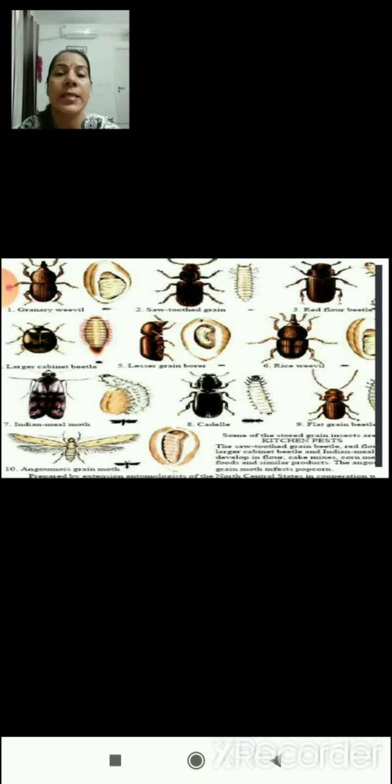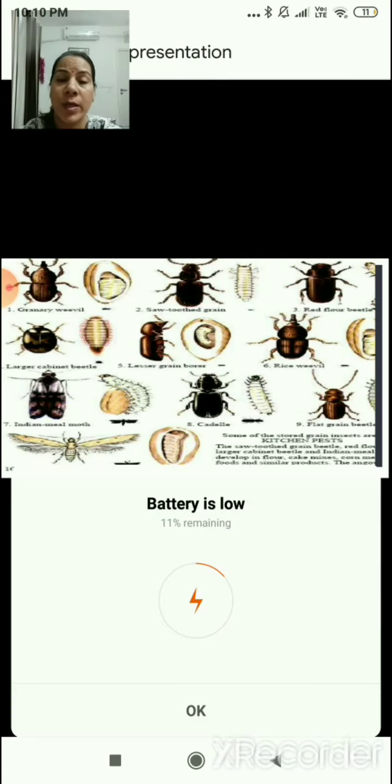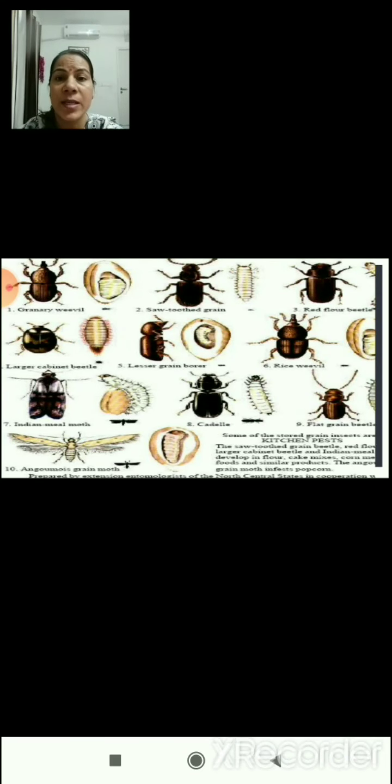In this slide you can see various types of insect pests which attack the stored grain and result in damage to the stored seed grains. These can be weevils, granary weevils, saw-toothed grain beetle, and red flour beetle.